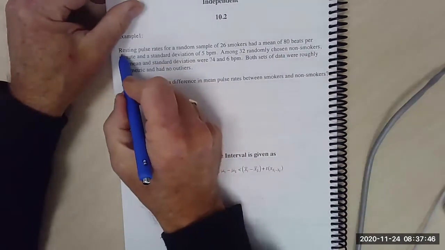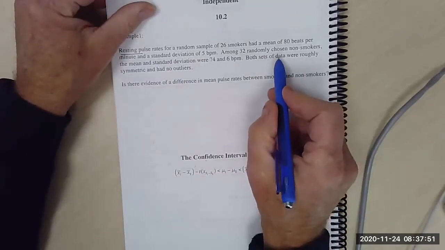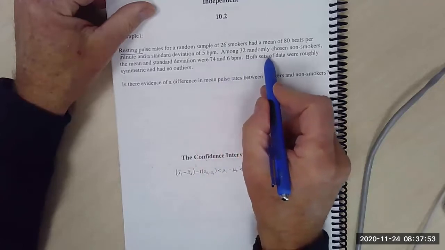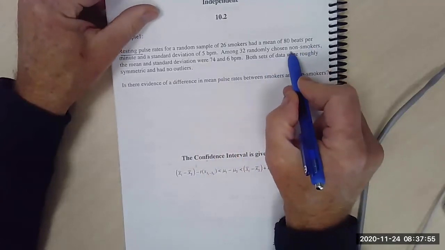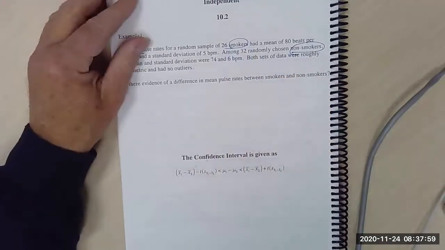So go back to the resting pulse rates. You have non-smokers and you have smokers. So that's your 2 samples.